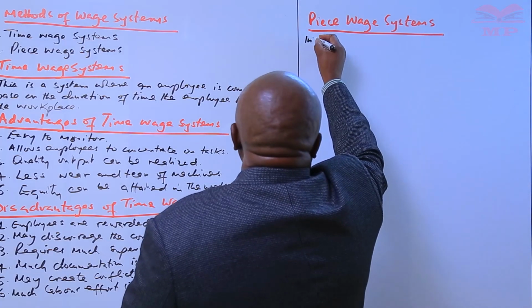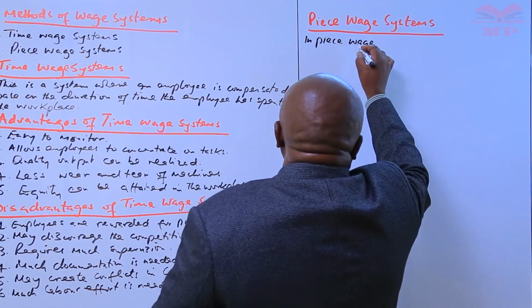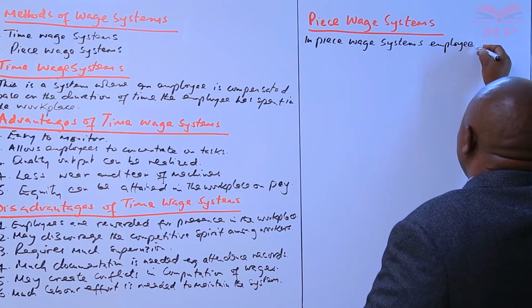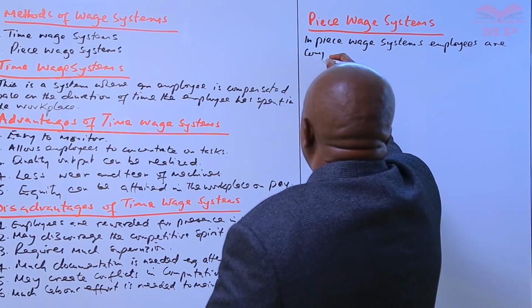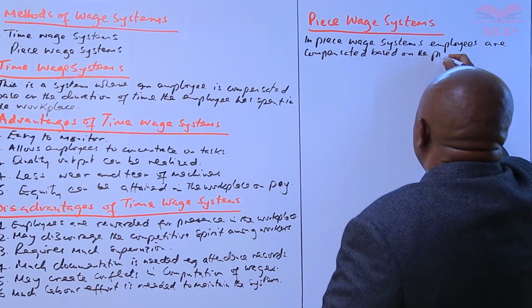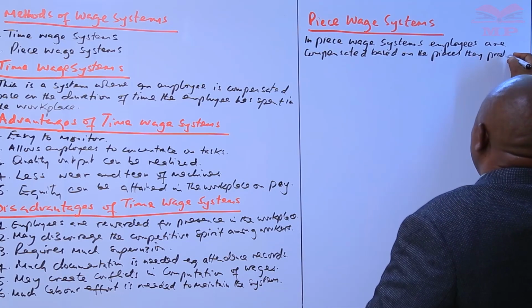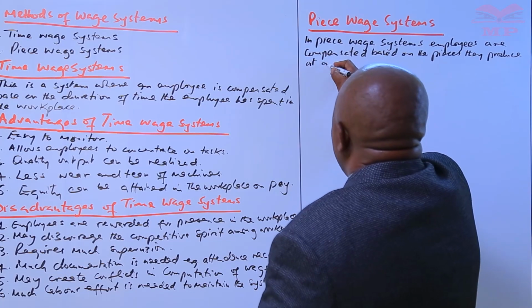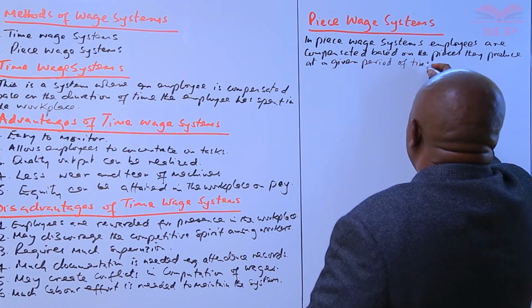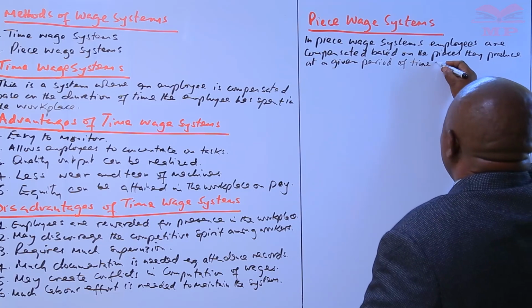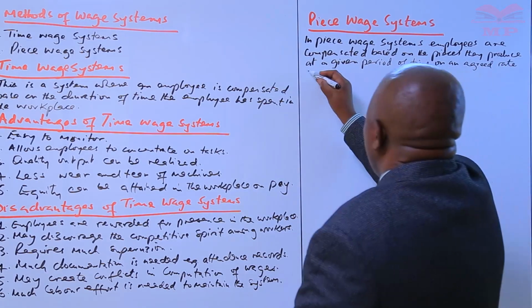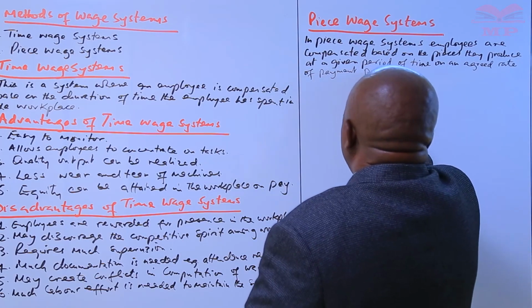In piece wage systems, employees are compensated based on the pieces they produce at a given period of time, on an agreed rate of payment per piece.